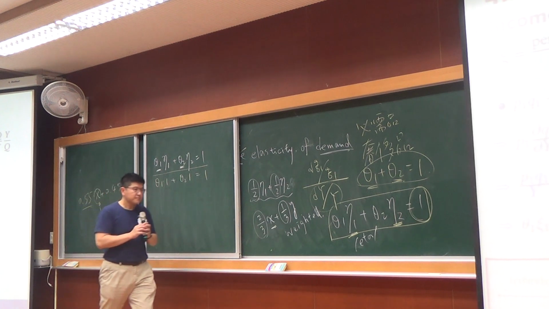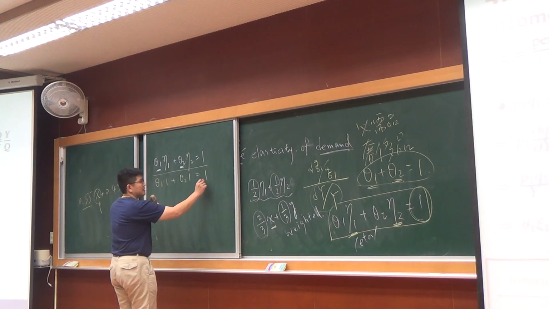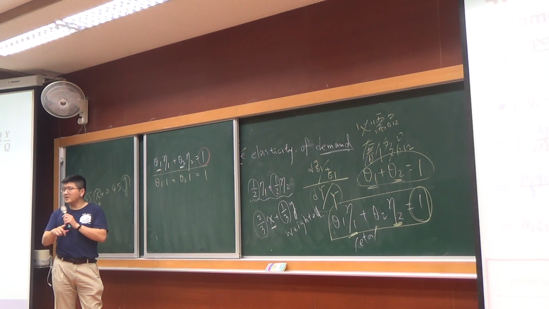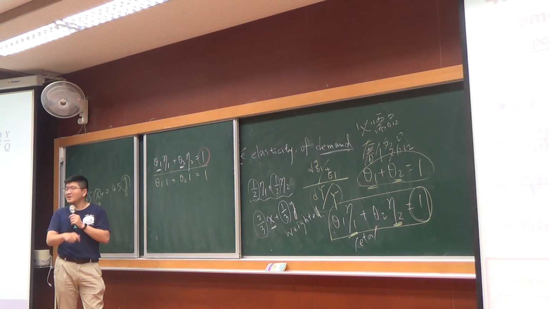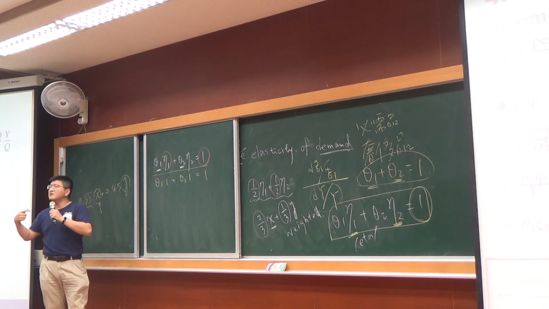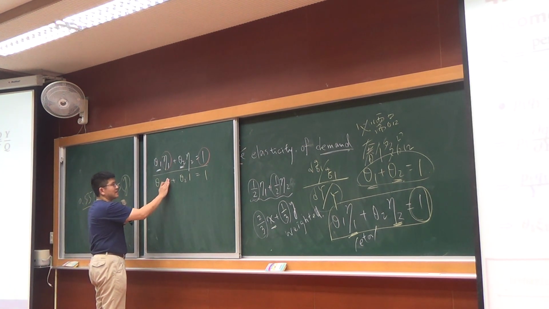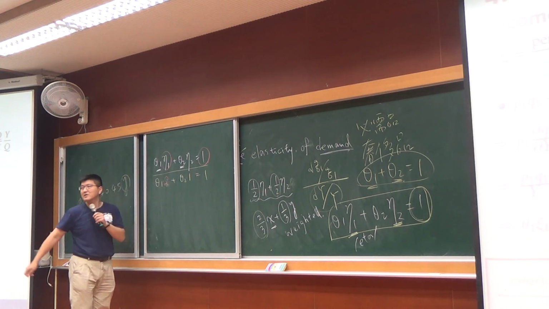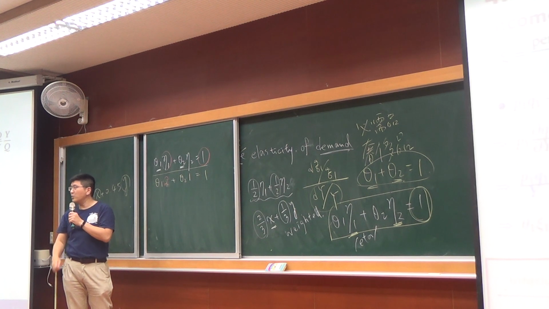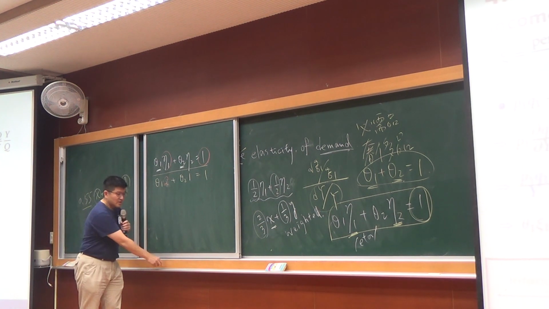Now, because this cannot be changed, 1 is always 1. If we want eta 1 to be higher than 1, say 2, then eta 2 must be smaller than 1, right?